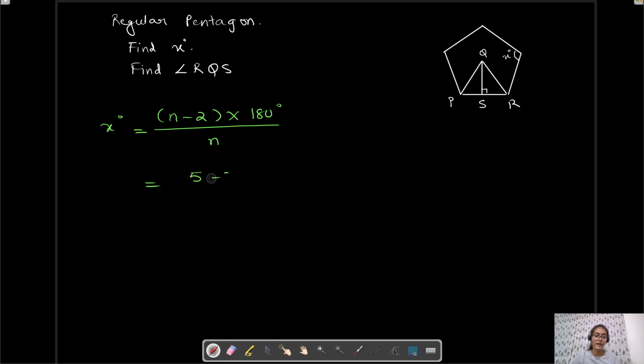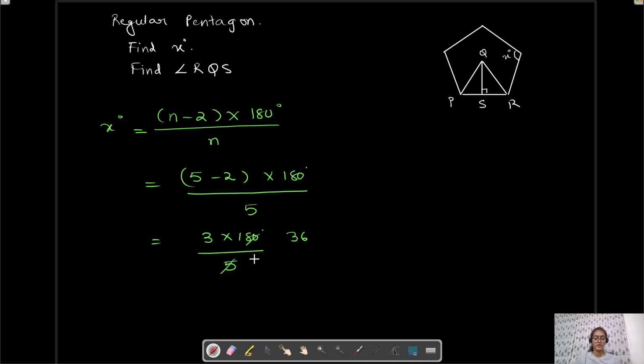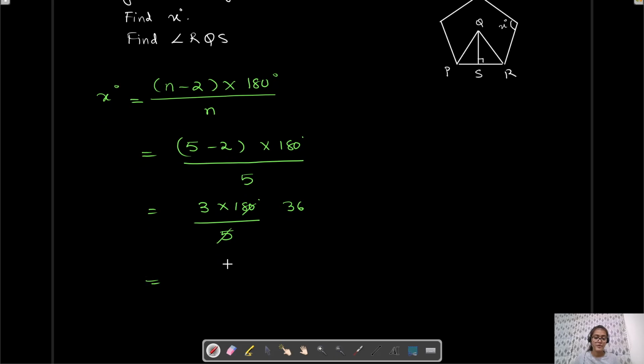So we do 5 minus 2, times 180, divided by 5. 5 minus 2 is 3, so 3 times 180 over 5. 180 divided by 5 gives us 36. Then 3 times 36: 3 times 6 is 18, carry over 1, 3 times 3 is 9, 9 plus 1 is 10. So the value of x is equal to 108 degrees.